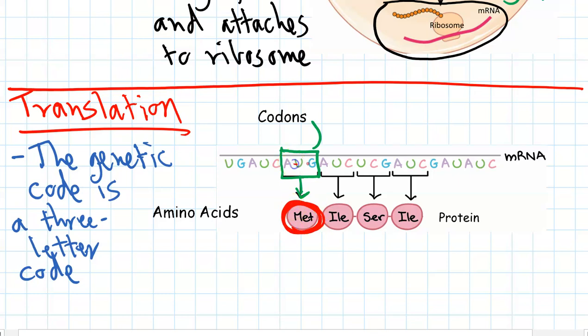So you can see AUG, that's the code for adding this particular amino acid. And then the next word along is AUC, and that corresponds to this particular amino acid. And then we have UCG. Then we have AUC, which is actually the same one again. And then we have GAU, and so on.